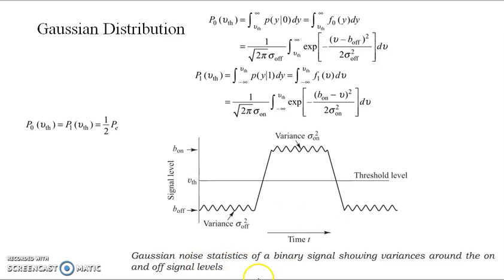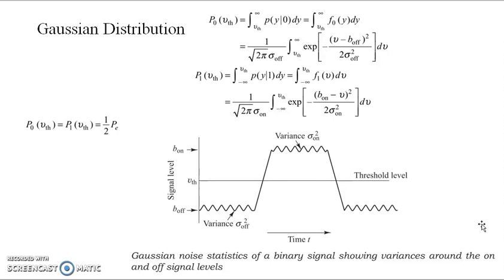Noise statistics for a binary signal show a variance around the on and off signal levels. On and off means what? The pulses of 1 and 0. So we have the mean and variance of the Gaussian output: for 1 pulses, we have B on and sigma square on, that is the variance.